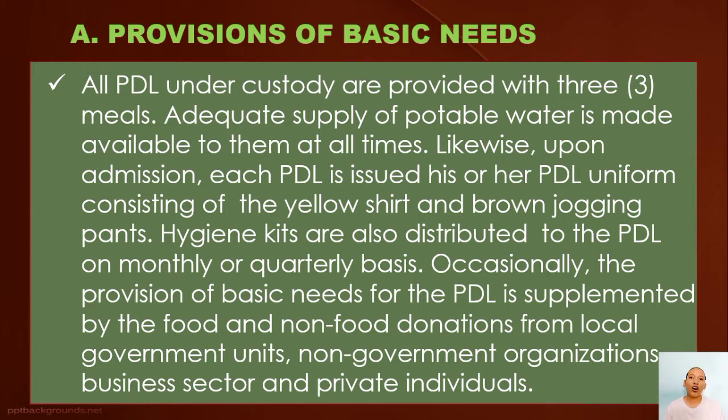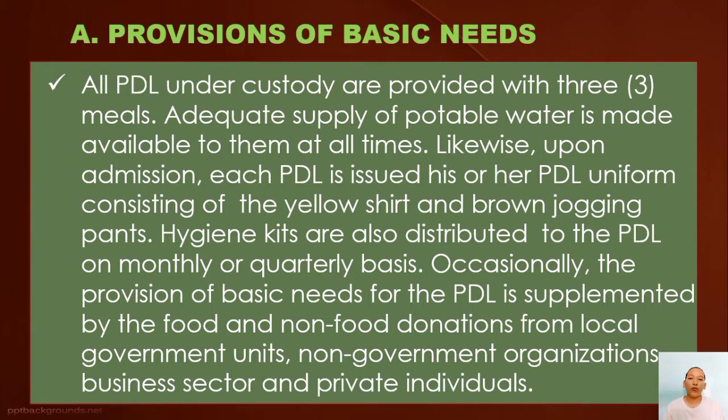Hygiene kits are also distributed to the PDL on monthly or quarterly basis. Occasionally, the provision of basic needs for the PDL is supplemented by the food and non-food donations from local government units, non-government organizations, business sector, and private individuals.